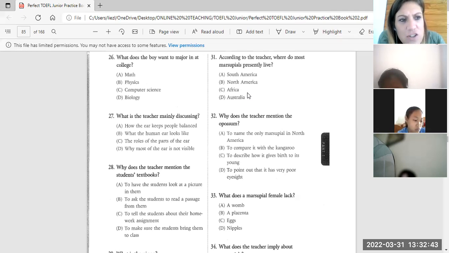Why does she mention that? The only marsupial native to this continent. And where are they? She says, as for here in North America. I think it's C, to describe how it gives birth to its young.